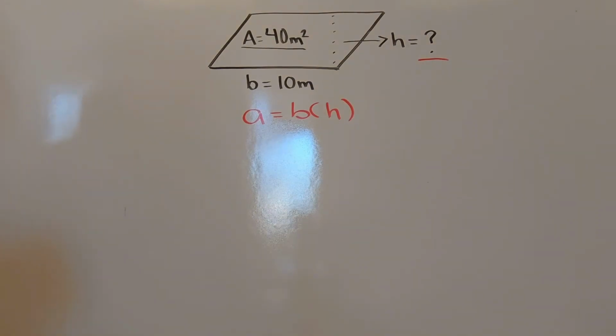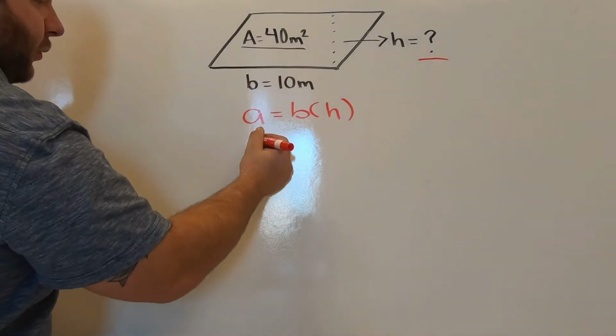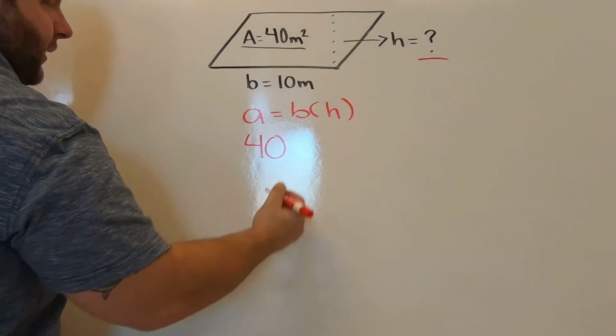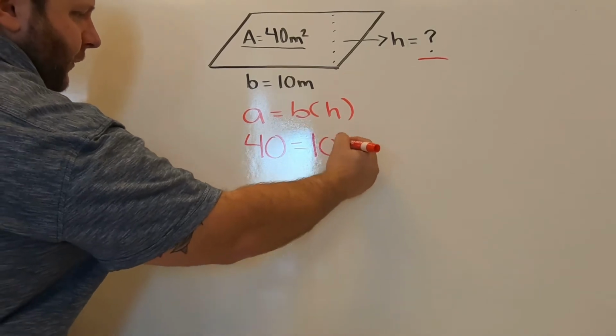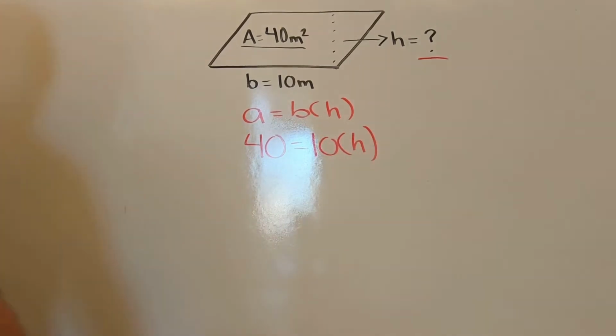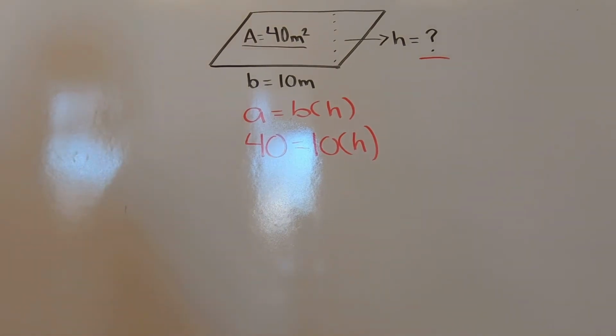Now we just fill in what we know. So we know the area is 40, so we're going to enter in 40 meters. We know the base is 10 meters, but we don't know the height. So the question we need to ask ourselves here is, what times 10 equals 40?